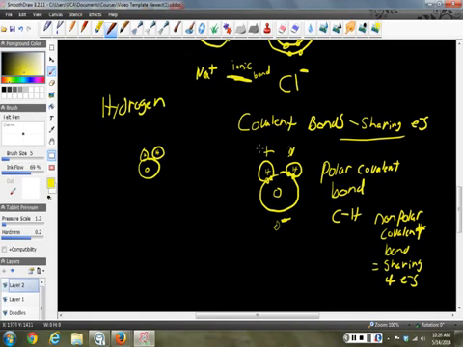If you look in your book, you'll have kind of an S shape, sigma plus, sigma minus, which just means that this hydrogen is relatively more positively charged than this oxygen, because the oxygen has the electrons more often. Electrons are negative, so if I'm holding on to the negative thing more than you are, I will be more negatively charged than you. Okay, so covalent bonds hold all kinds of matter together.